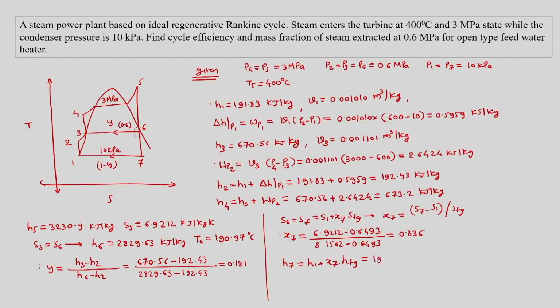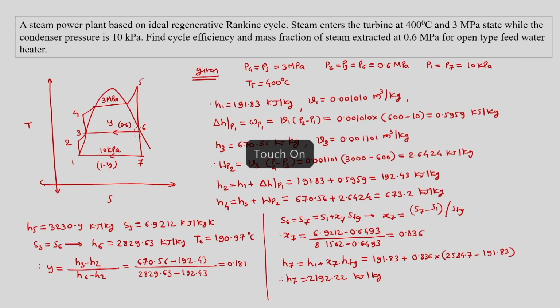So H1 is 191.83 plus X7, which is 0.836, into HFG, which is HG 2584.7 minus HF 191.83, and so H7 turns out to be 2192.22 kilojoule per kg.